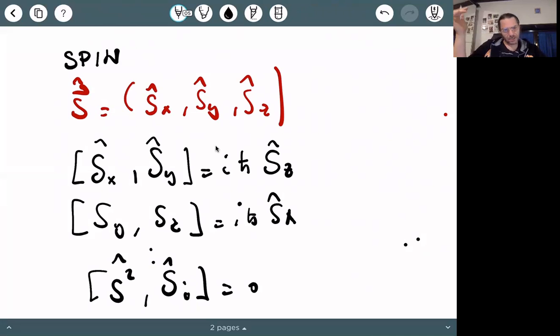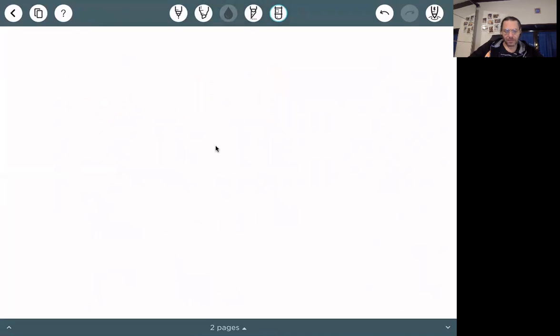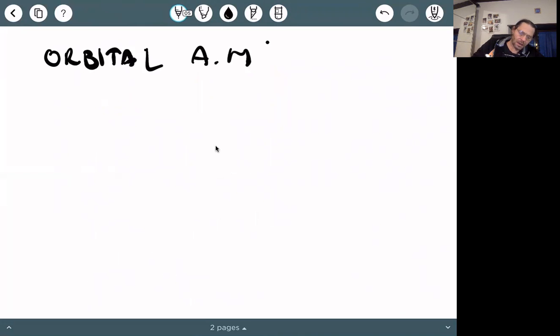So this was the analogy with the orbital angular momentum, same commutation relationships. But there are also fundamental differences between the orbital angular momentum and the spin angular momentum.